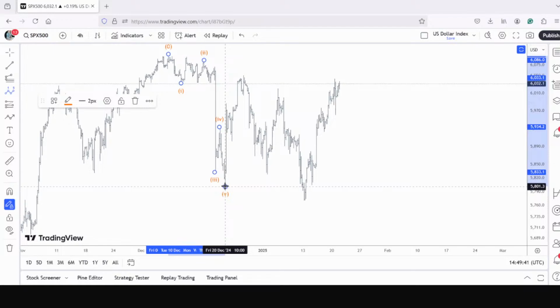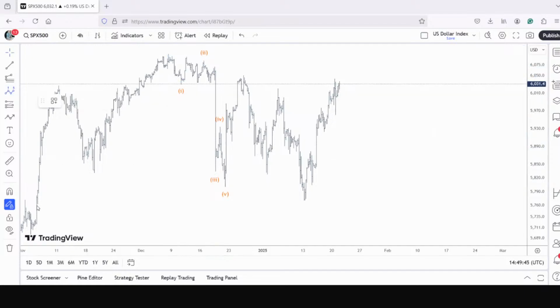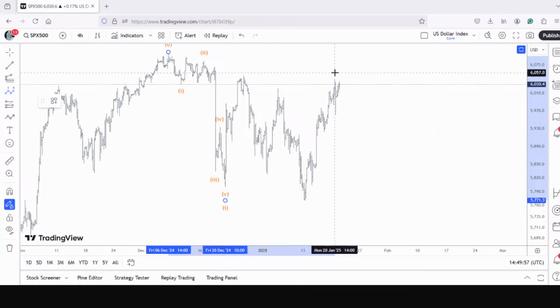So these five waves is the first impulse, and with that we can, that is an intermediate wave one. We are looking for not an intermediate, sorry, minute. It's 1 degree higher. Intermediate is 3 degrees higher.